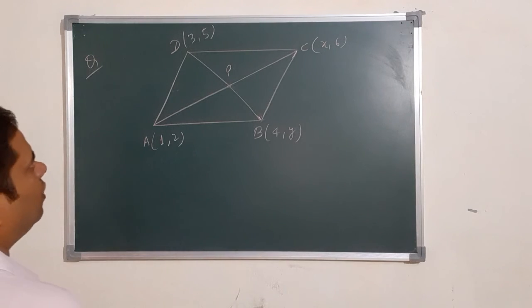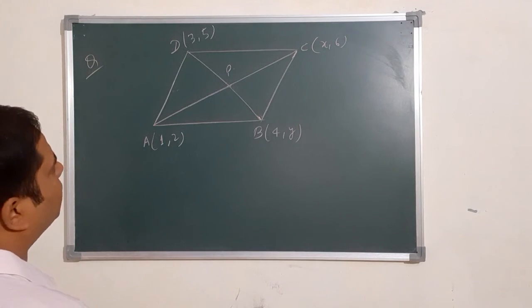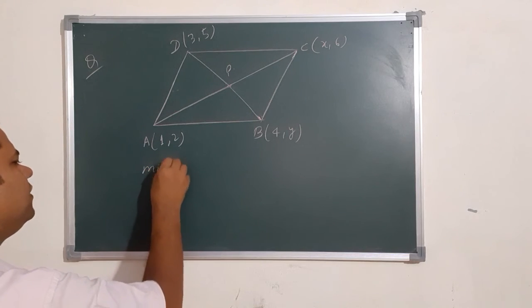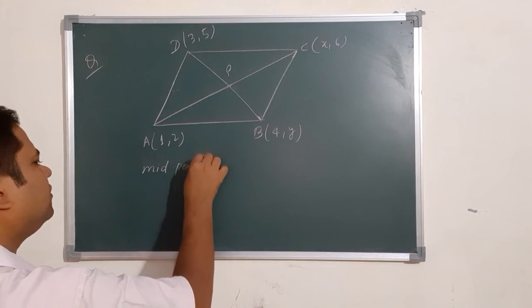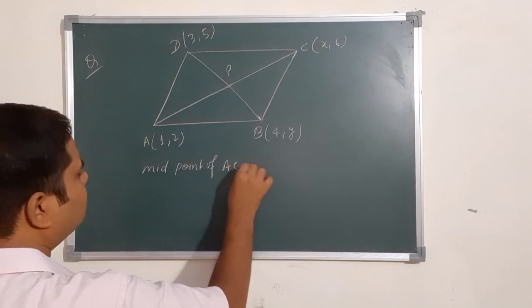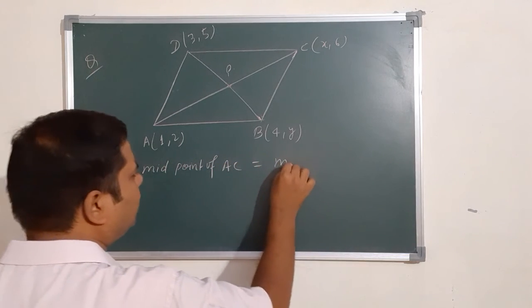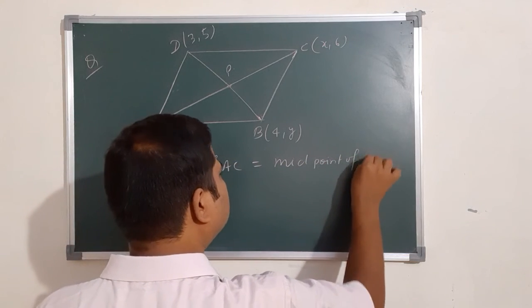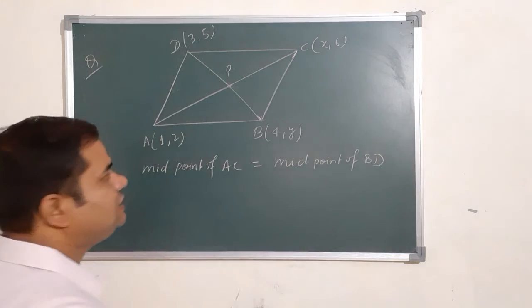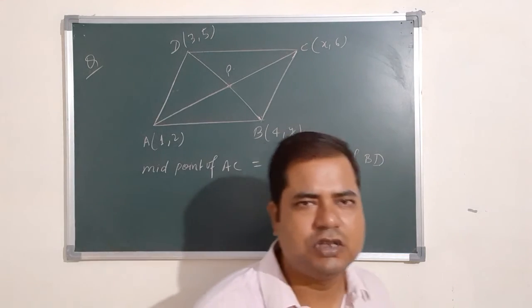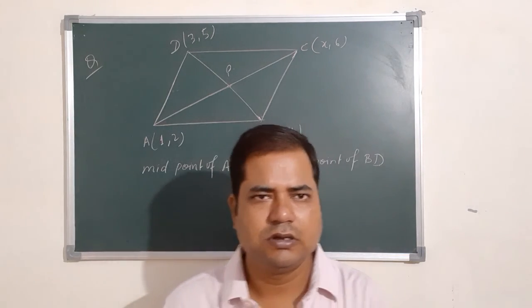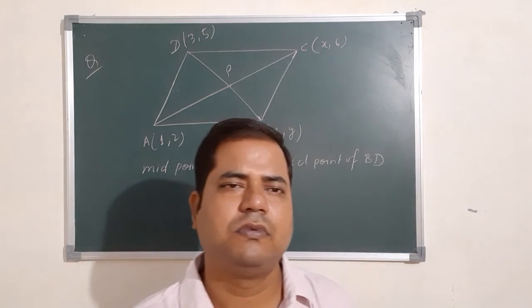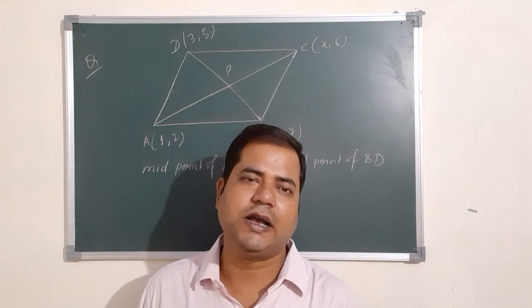So first of all, we find the midpoint of AC and the midpoint of BD. Only this is the concept to find the answer of this particular question. This is a very simple concept: the diagonals of a parallelogram bisect each other.